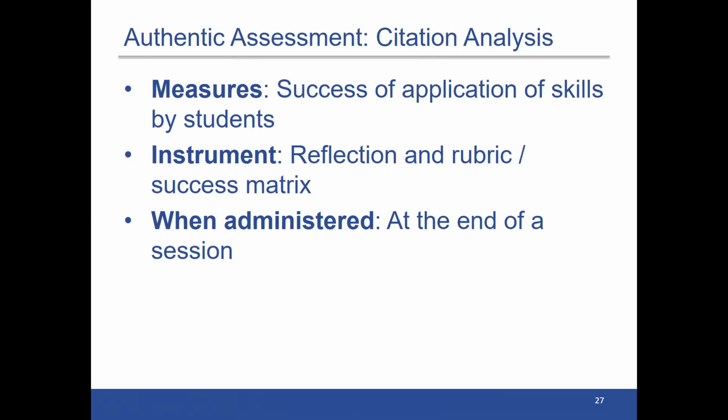And what we do is we draw a sample of papers from professors who are willing to cooperate with us from multiple disciplines and who brought their students in for library instruction. And we have a reflection and success matrix that we use to evaluate the reference list and the internal citing skills of the student and a few other things. It's a fairly involved rubric.